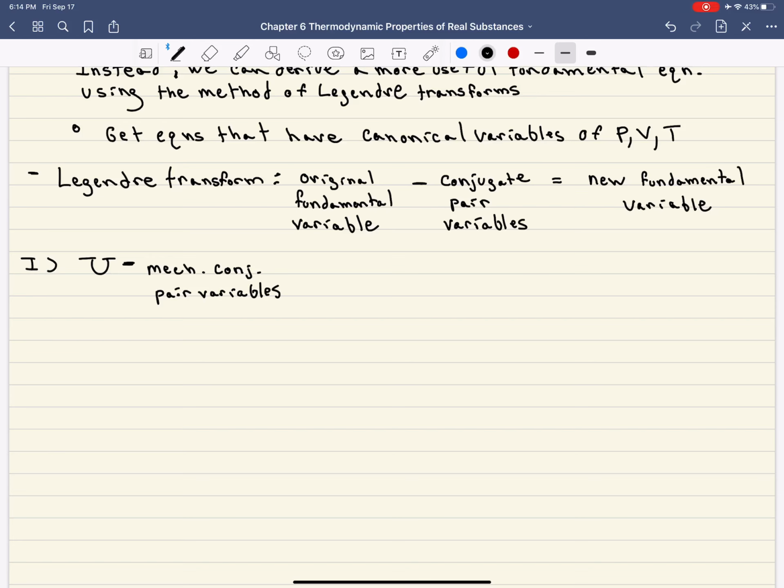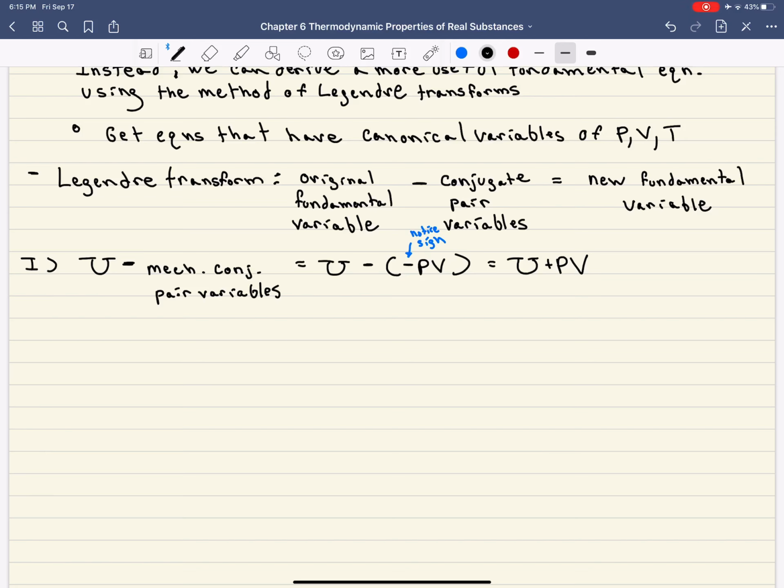And so if you remember from the previous set of videos, that conjugate pair of variables, the mechanical one, was minus PV. Right? And I want to emphasize the sign here. That sign is important. Okay? And so what we're doing here is taking the internal energy and subtracting off minus PV. Of course, you could rewrite that. The negatives cancel out and you get U plus PV.